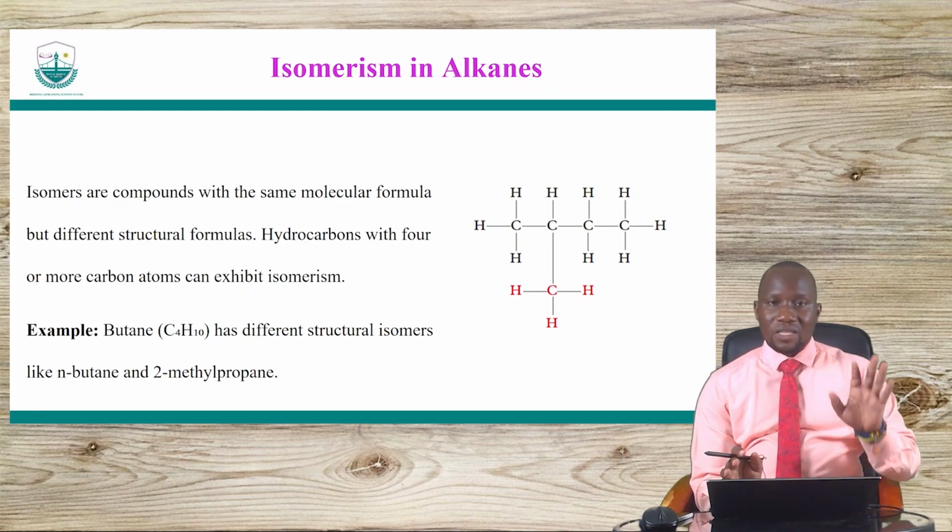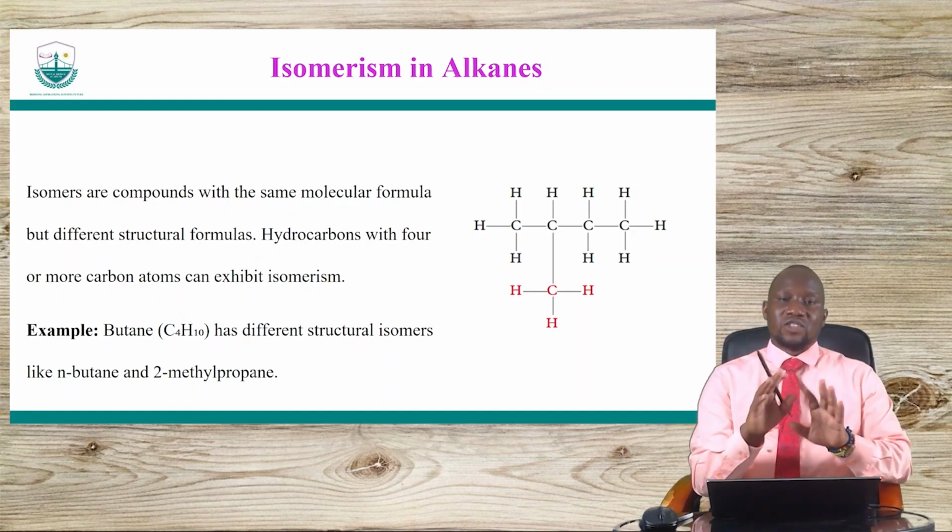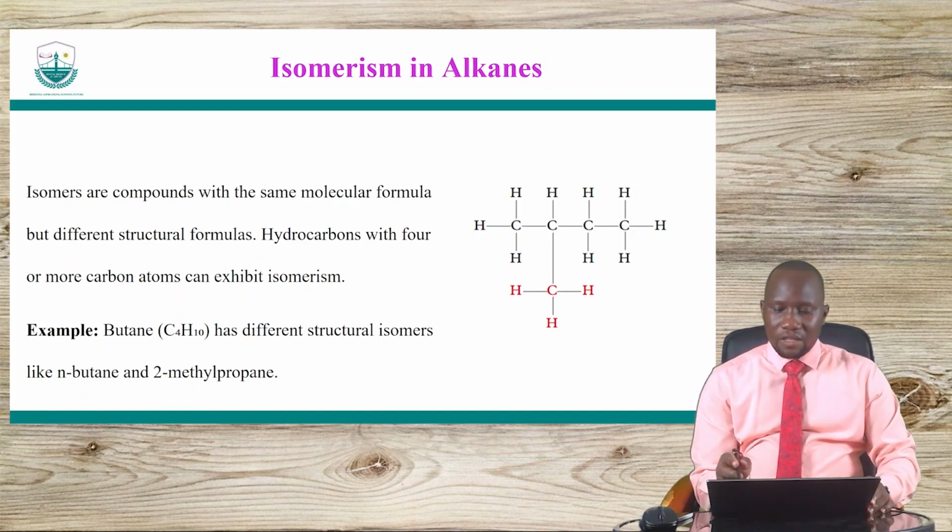Let's take this. How many carbon atoms do we have? 1, 2, 3, 4, 5. So we basically have C5. How many hydrogen? 3, 4, 5, 6, 7, 8, 9, 10, 11, 12. H12, right?